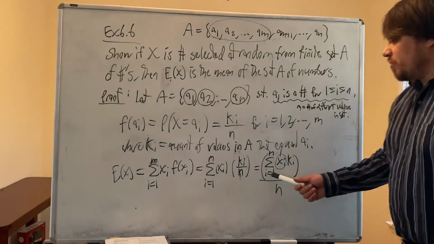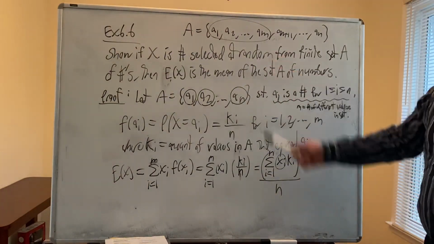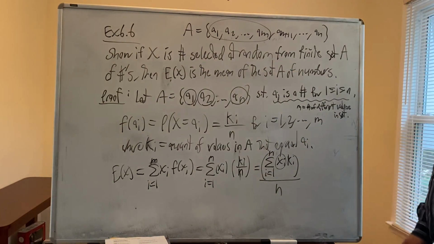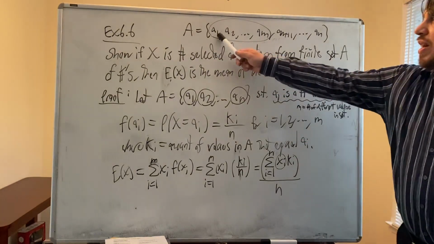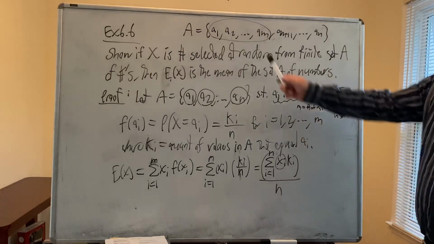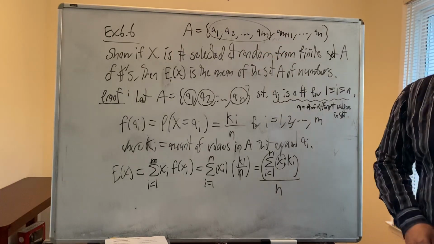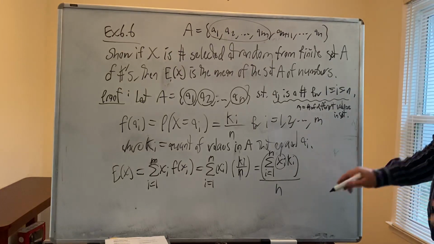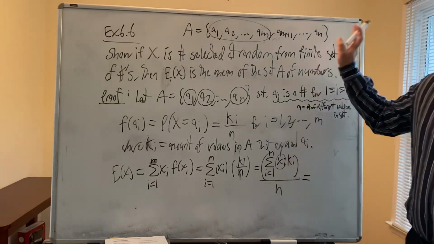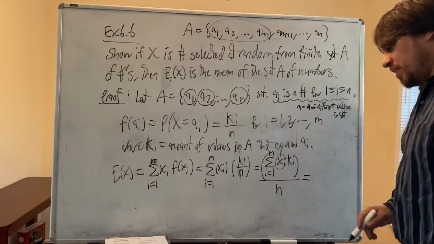Okay, so the sum from i equals 1 to little m of x sub i times k sub i means we're taking each different value in the set A, multiplying that value times the number of times it appears in the set, and then adding the sum. And so this numerator is the same as the sum over all values in the set.